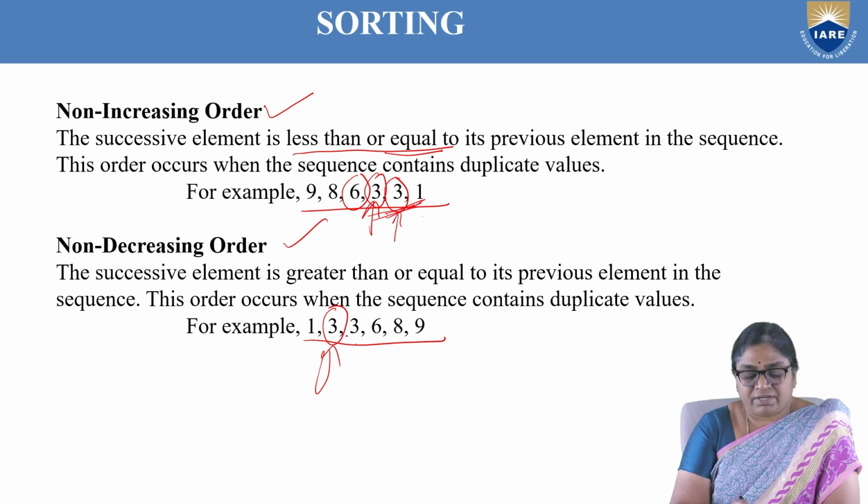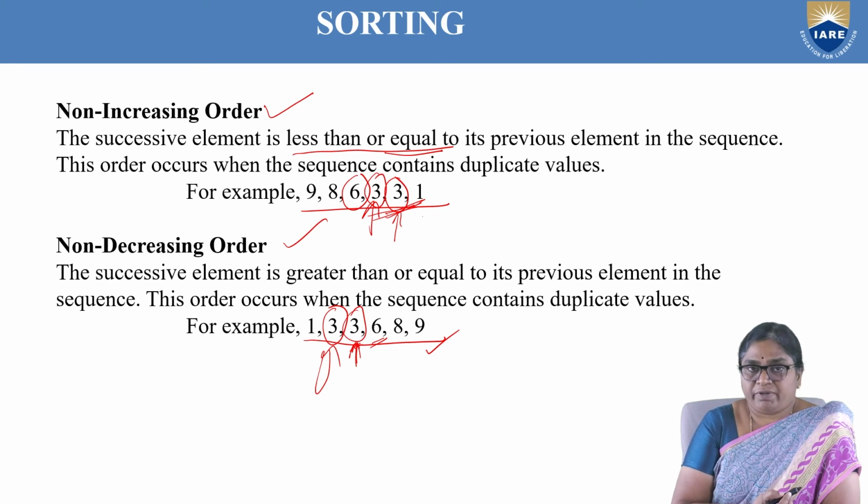Here, it satisfies the equal to operation. It satisfies that property, so it is a non-decreasing order. Let us take this one. Its successive element is 6, which is greater than this 3. So, if we have a list like this, then we will call it a non-decreasing order.